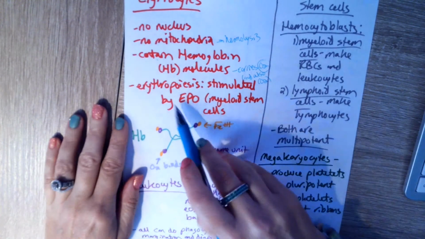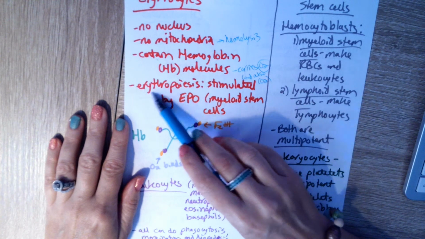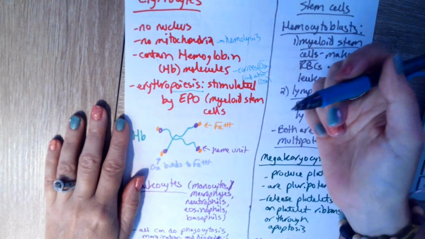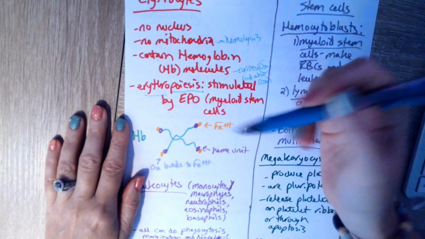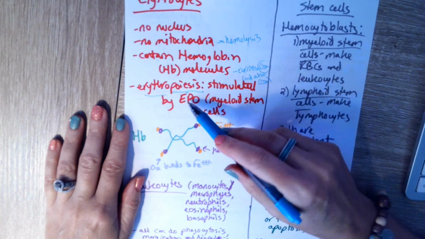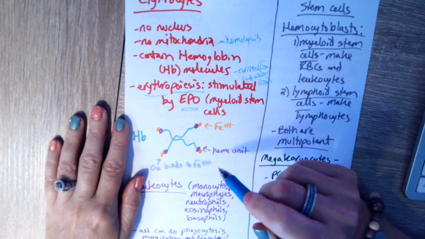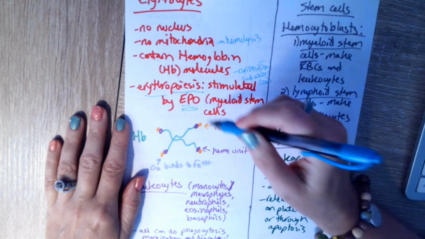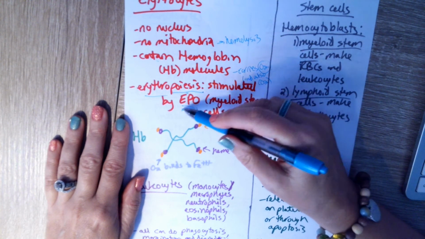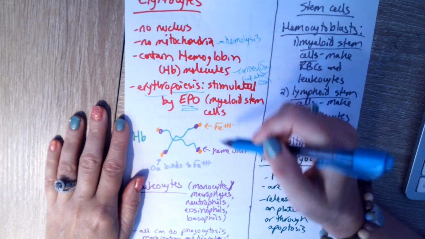Now, to make erythrocytes, we go through a process called erythropoiesis. The word poiesis just means to make, and erythro is referring to erythrocyte, so it literally just means to make erythrocytes. This is stimulated by EPO that we would have learned about in the endocrine system slides. So erythropoietin comes from the kidneys, just as a review, and it is produced when you have low oxygen in your blood.